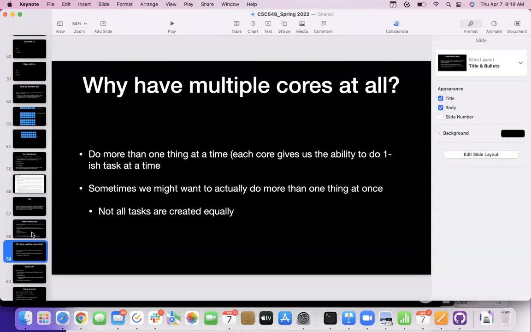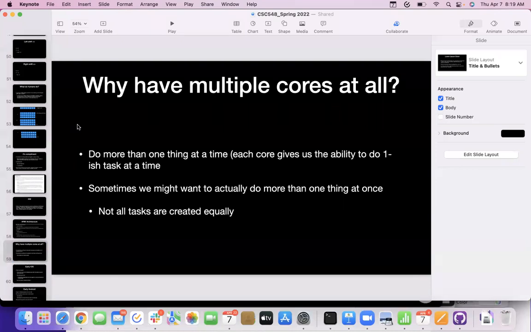So we've discussed this before. Why have multiple cores at all? We just mentioned the two different competitors for mobile processors, both having 6 to 8 cores. That means you can do more than one thing at once. So we ask ourselves, when would it be helpful to do more than one thing at once?